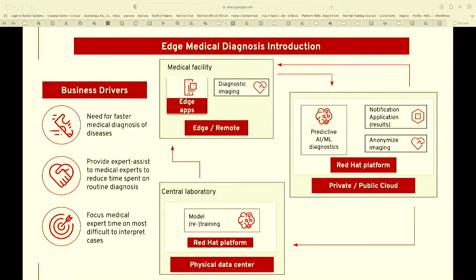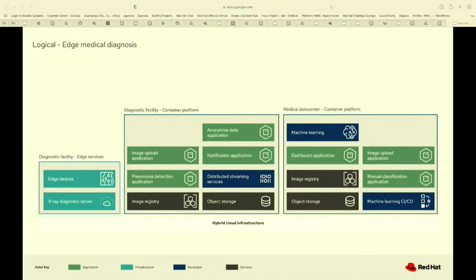All right, so this is the logical view. Edge services we offer, and then there's the diagnostic facility, like a care center. Model and storage of data.